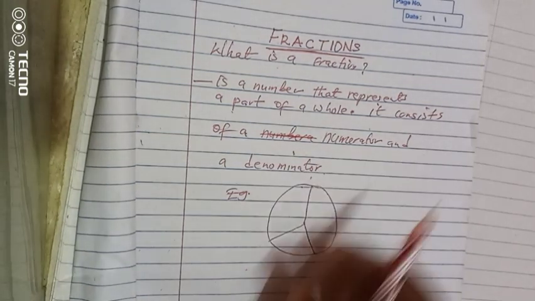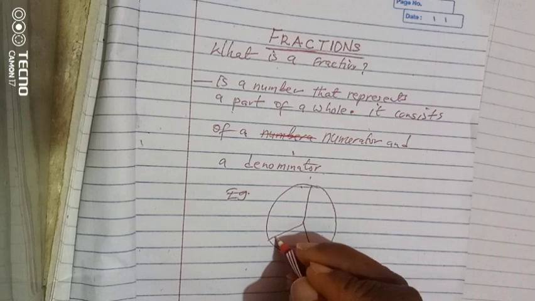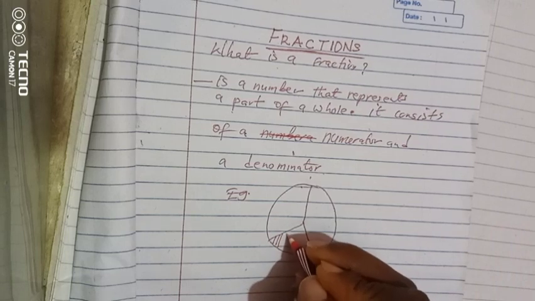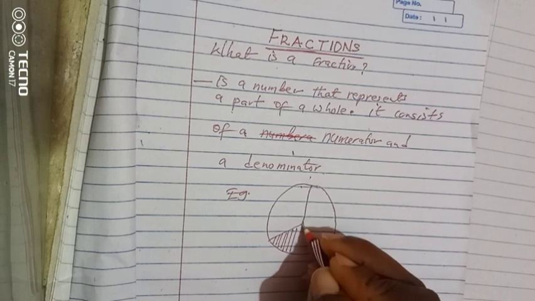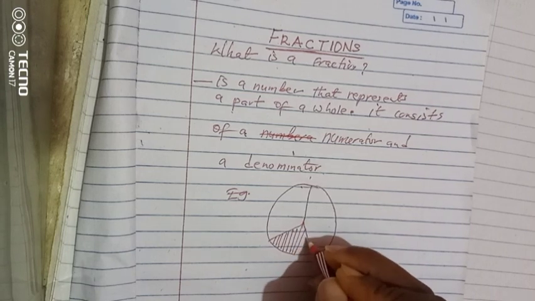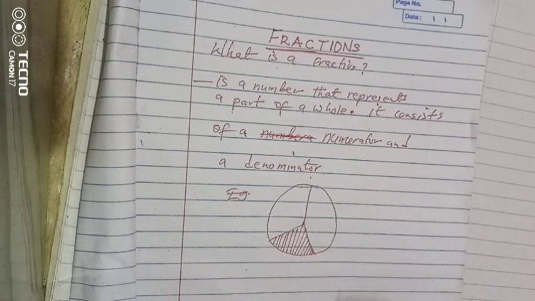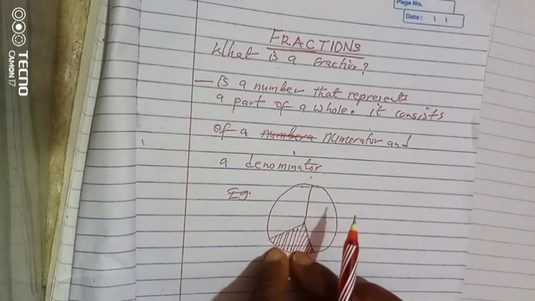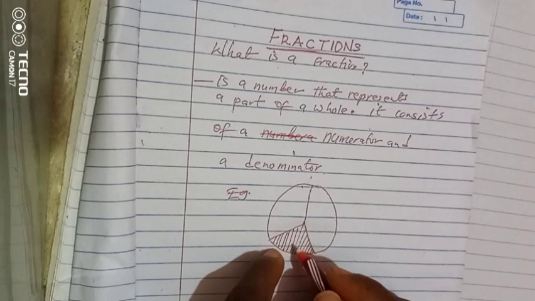This is a whole circle but divided into 3 parts. And then let's shade this part, because that part will be the shaded part of the circle.